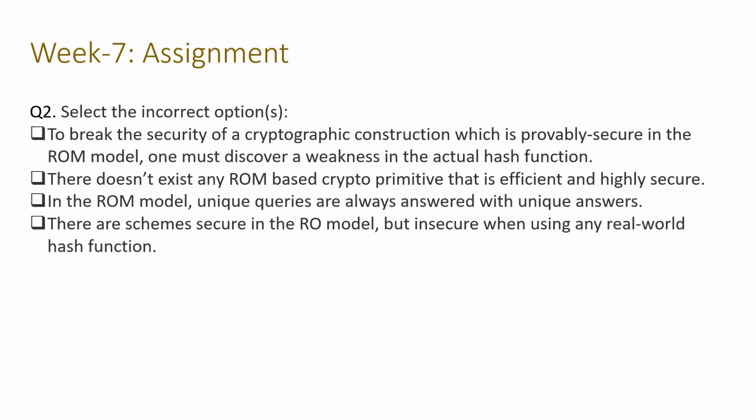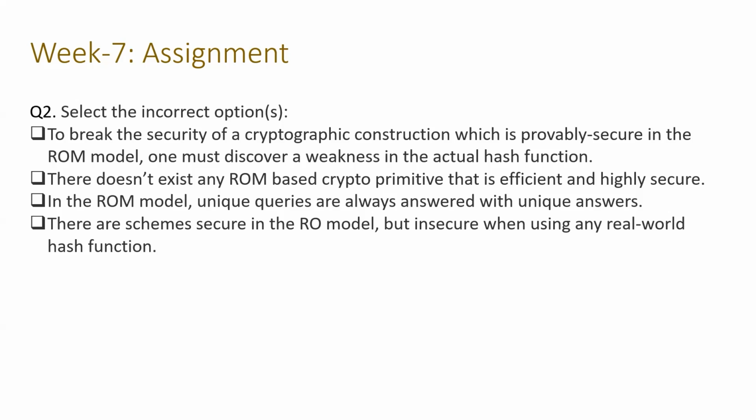This is wrong. Basically, what the ROM model does is that you query the random oracle with some input and you get back the output, and the output seems random to you or the adversary. So the outputs of the queries should remain uniformly distributed over the output space, and the outputs should be independent of each other.